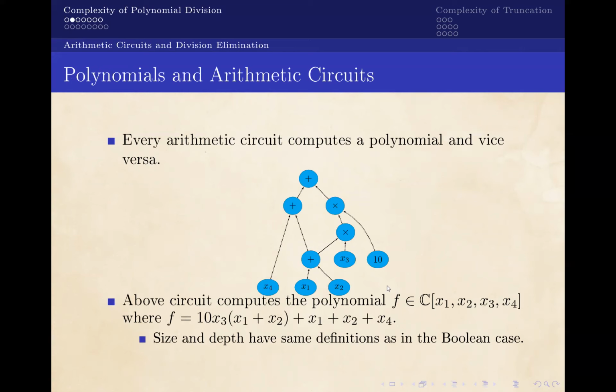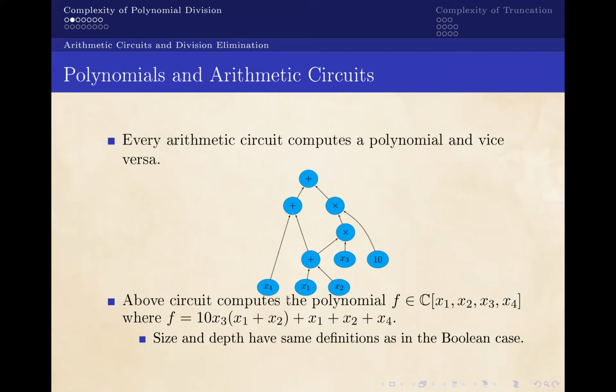Every gate of such a circuit computes a polynomial in a very natural way. The leaf gate computes the polynomial by which it is labeled, and every other gate computes either the addition or the multiplication of the polynomials of its children gates.